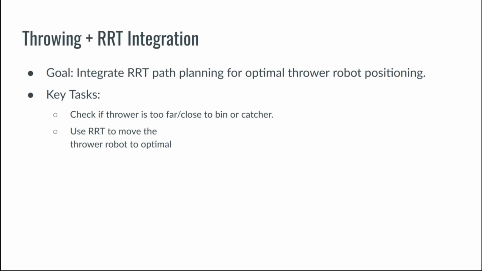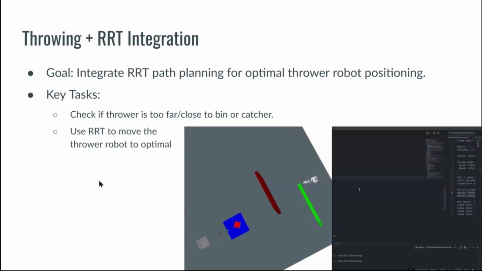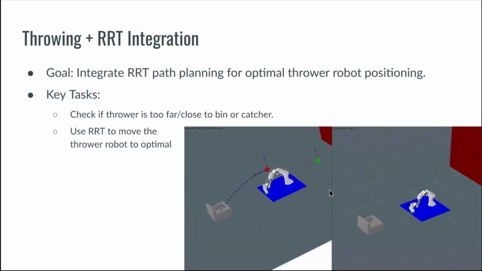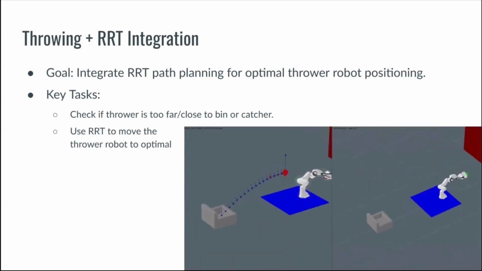This can be solved by using RRT path planning, which moves the throwing robot closer to the catcher robot, so that we achieve an optimal thrower positioning with maximum success rates. For example, you can see over here the robot is impeded by the walls, and it wouldn't have been able to throw the ball as it would have hit the walls. So it moves to an optimal throw location and then throws the ball to achieve a high success rate.